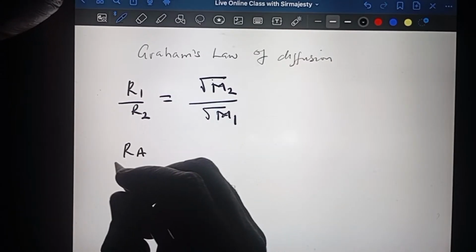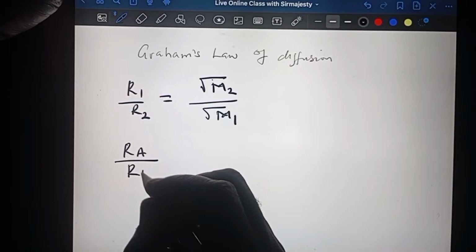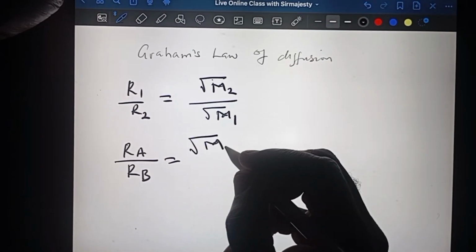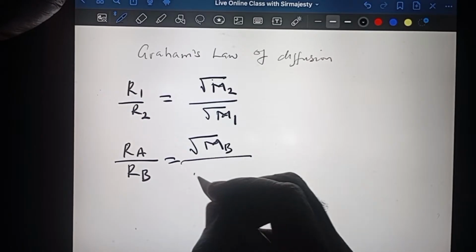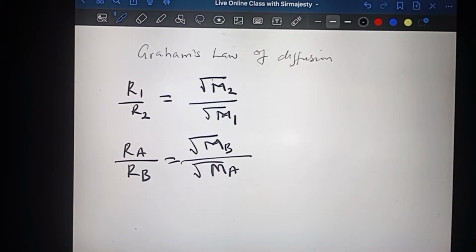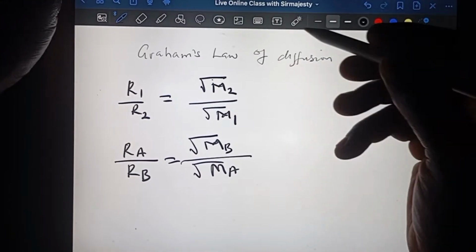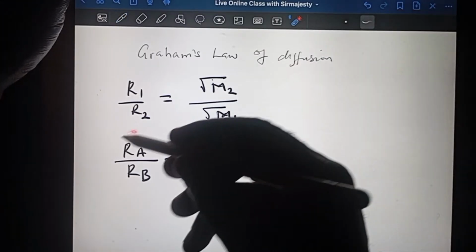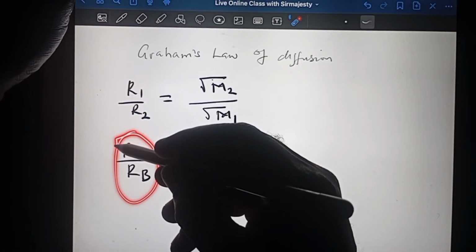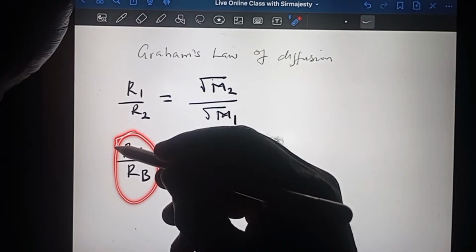RA, the rate of diffusion of gas A over the rate of diffusion of gas B, is equal to square root of molar mass of gas B all over square root of relative molecular mass of gas A. Simple. They are looking for this RA to RB. That's what the question said.